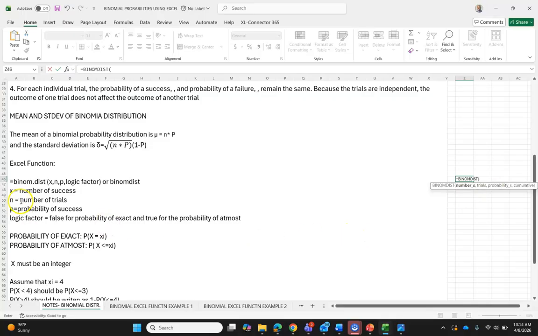So what is X? Let's use binom.dist. You can see the same. Number_s means the number of successes, and we can consider that to be X. What are we looking for?